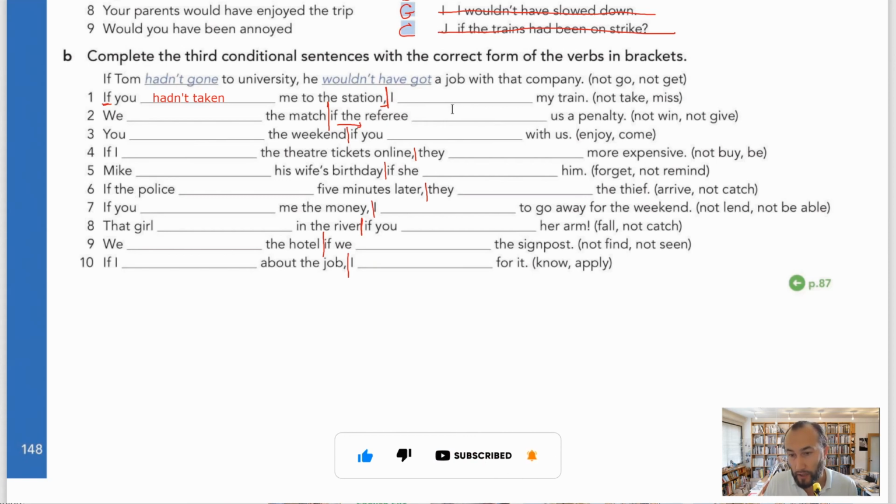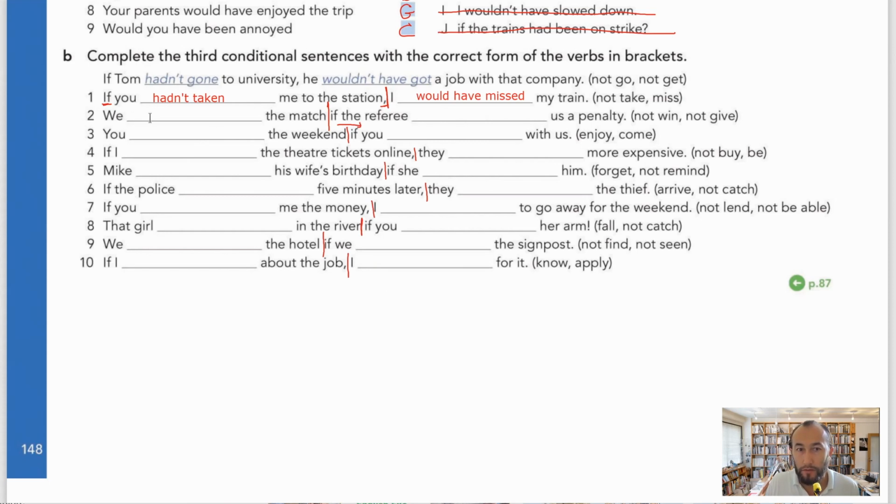That's a result part, and the result part, as I said, would have, and then the past participle of the main verb, which is miss. So, obviously positive, I would have missed my train. You see, if you hadn't taken me to the station, I would have missed my train.